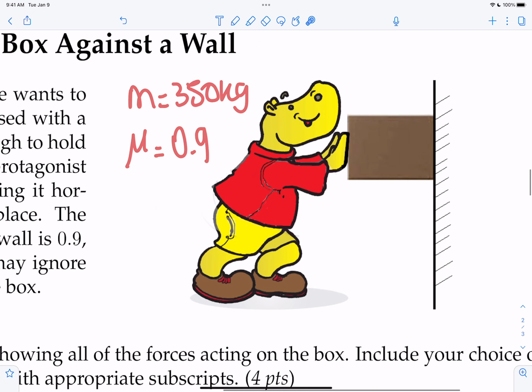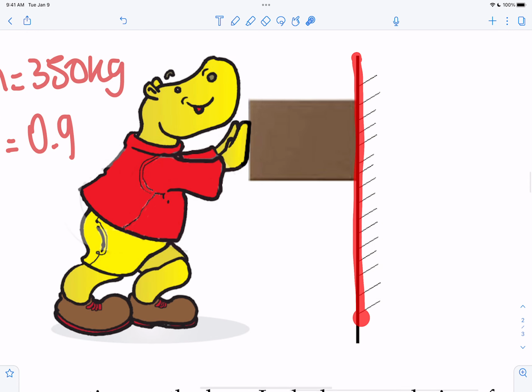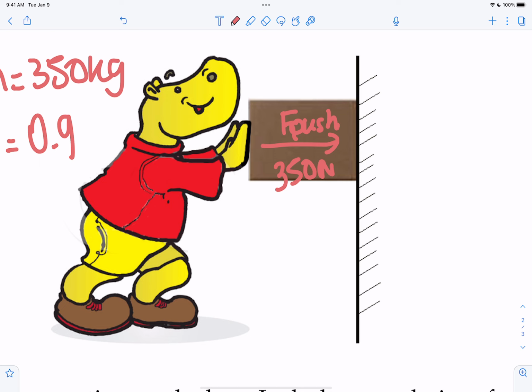Now, because the box isn't moving at all, based on the context of the problem, there has to be a normal force, which is the force that gives some kind of solidness to the surface, right? So if I'm pushing with F push to the right, let's say 350 newtons, for example, that wall also has to exert a normal force, Fn, that opposes that force, right?